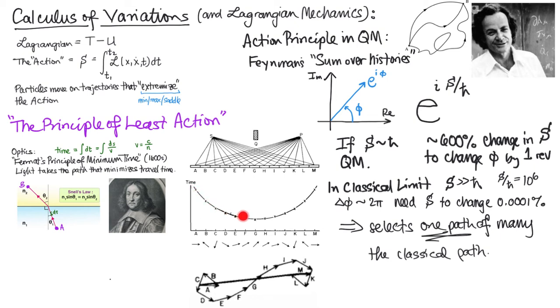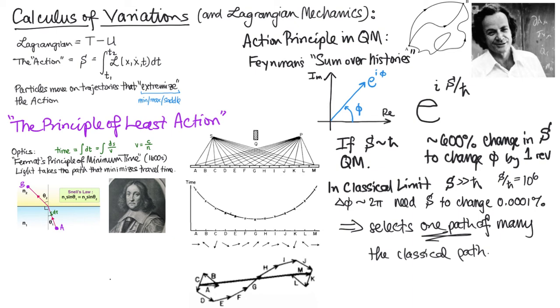In regions where the action is not an extremal value, in this case a minimum, if we're away from the minimum, then all of the paths in that area are going to contribute in a way that creates a cancellation. So classically, only one of these paths is picked out.